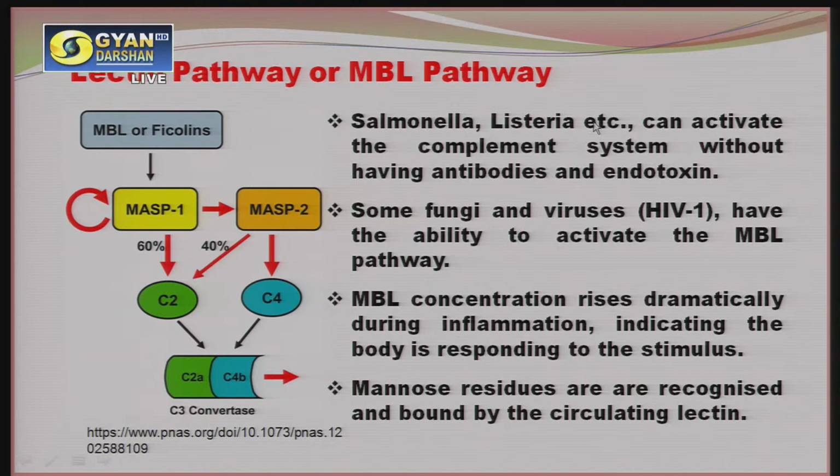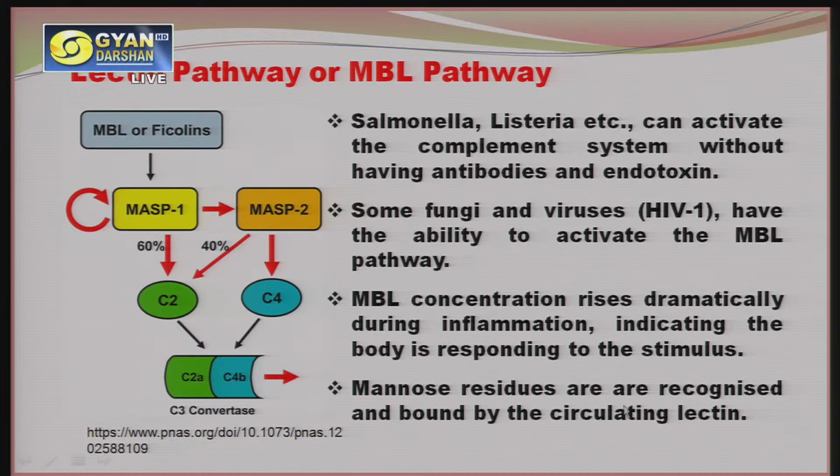Salmonella and Listeria can activate the complement system without having antibodies, and endotoxins as well. And some fungi and viruses, like HIV, have the ability to activate the mannose binding lectin pathway. The mannose binding lectin concentration rises dramatically during inflammation, indicating the body is responding to the stimulus.